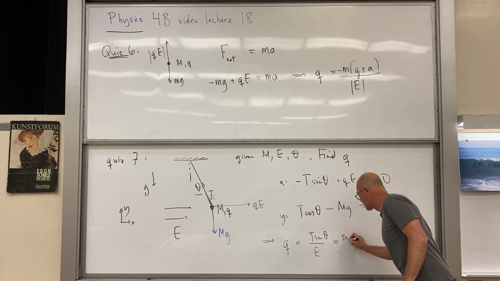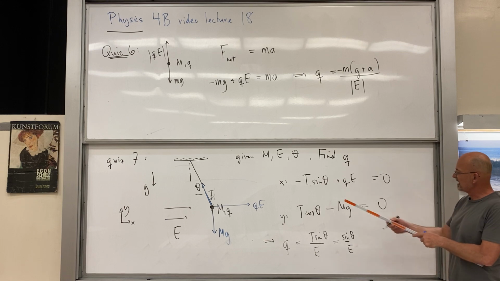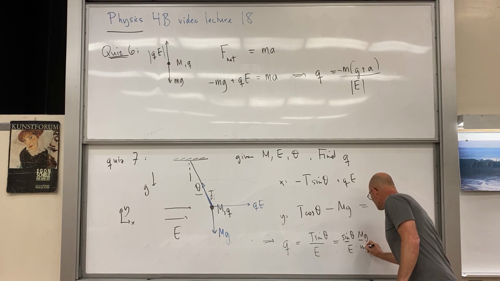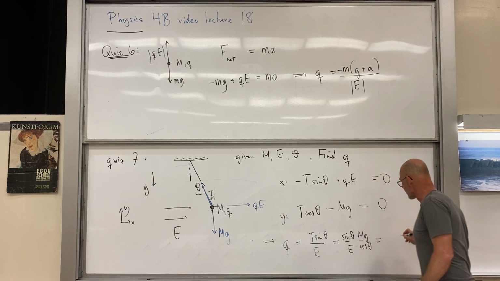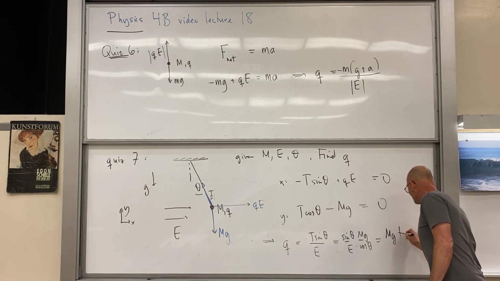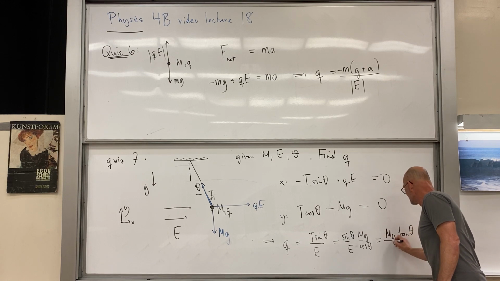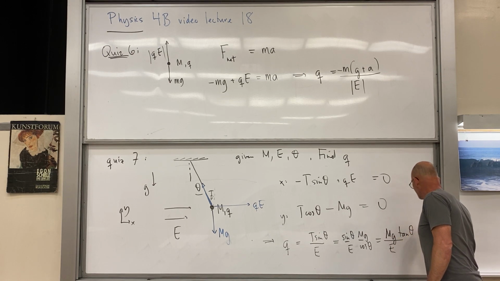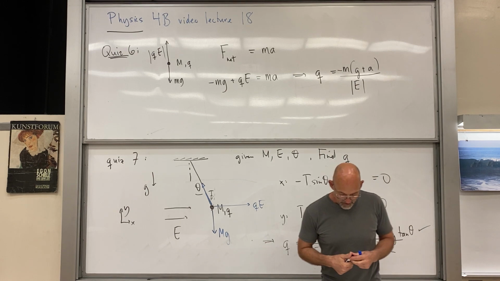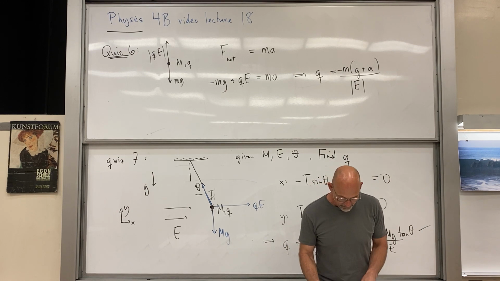So we'll have sine theta over E times mg over cos theta, so our answer would be mg tan theta divided by E. Good, so that was quiz 7.